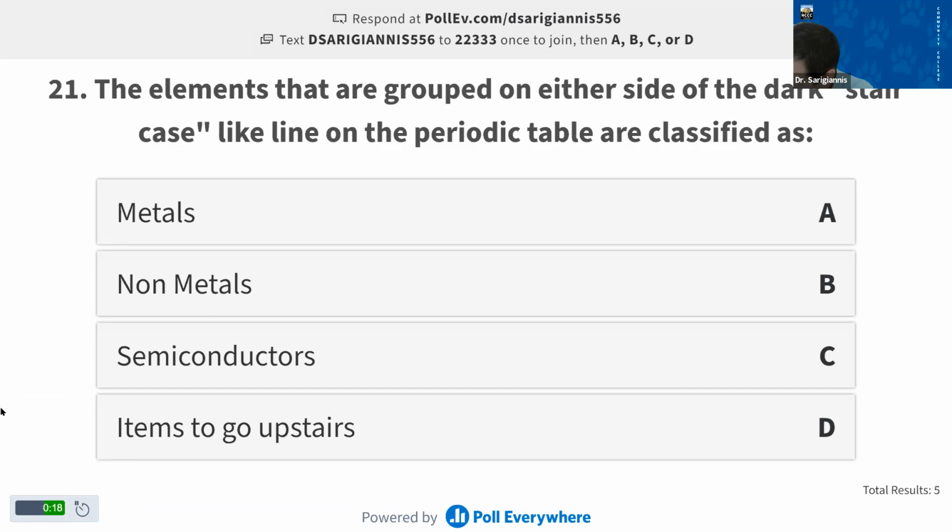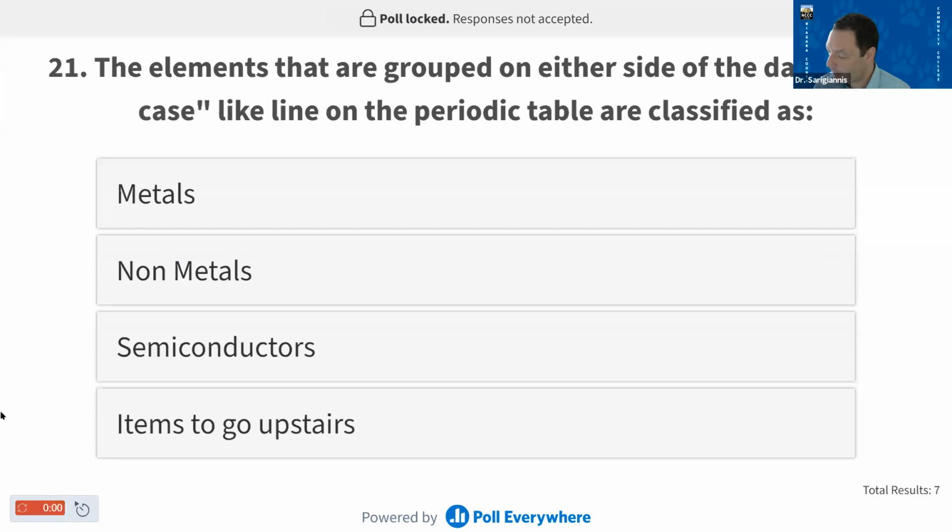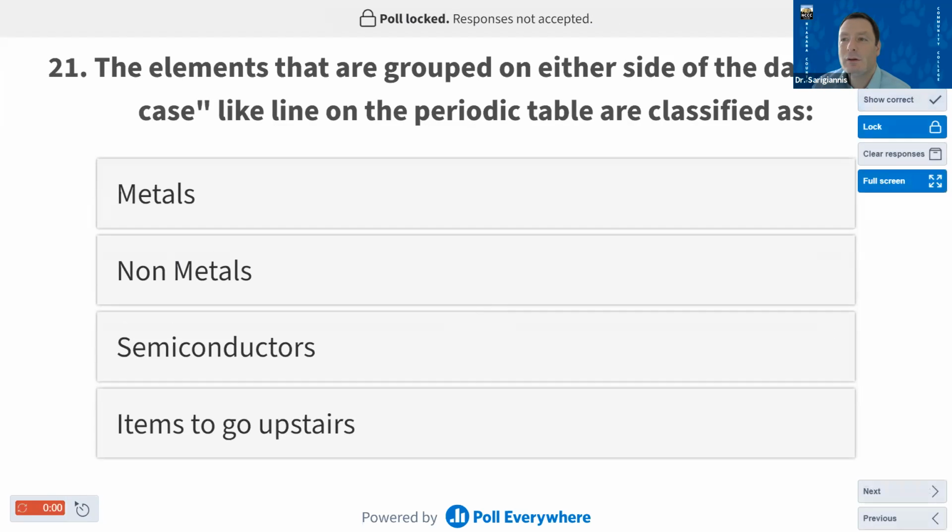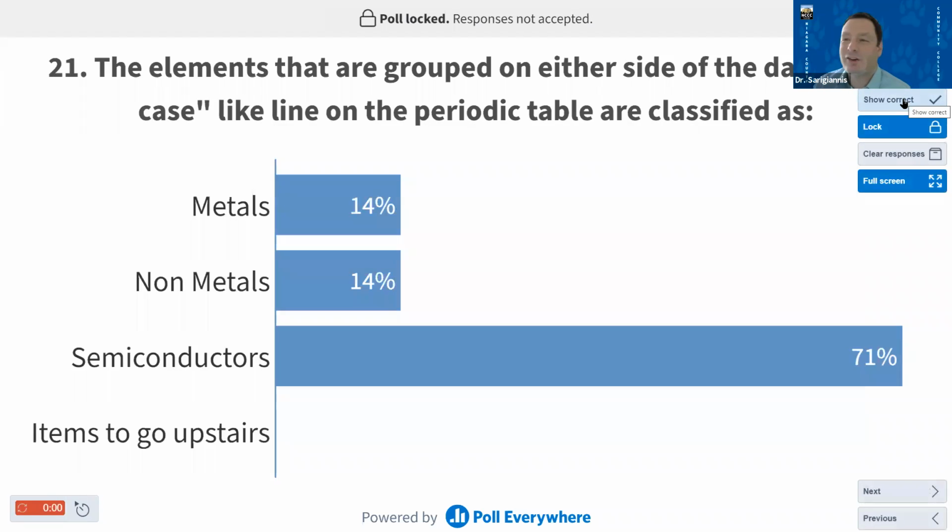Oh, I skipped a bunch here. I wonder, I wrote it in the wrong spot. We'll go to the sheet here in a minute. Semiconductors, yes.